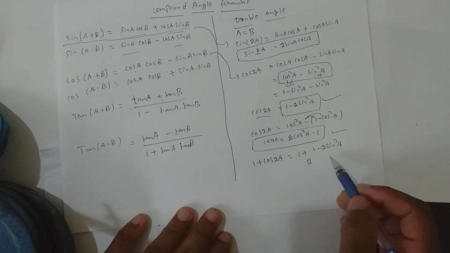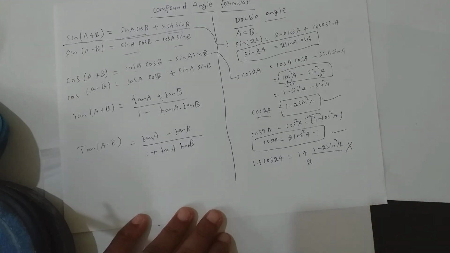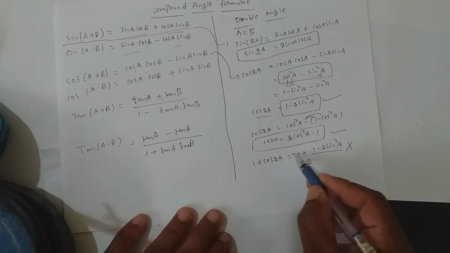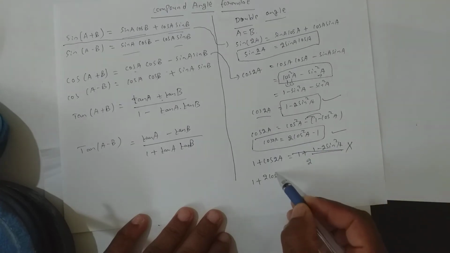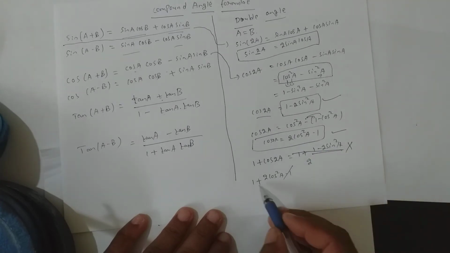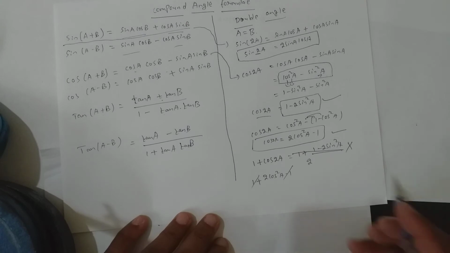The 1 is not getting cancelled, so this should not be used. Cos 2A should be used in such a way that the 1 beside it gets cancelled. Had I used 2 cos square A minus 1, then this 1 and that 1 would get cancelled. To cancel out 1, the formula should be chosen accordingly.